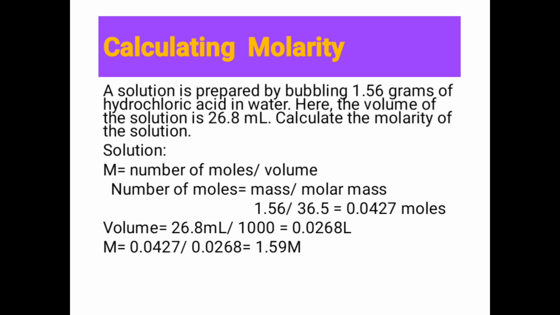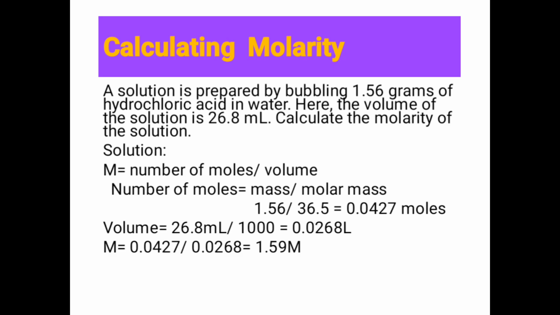Now let's focus first on how to calculate molarity. Please note, before we go into an example, we can have mass concentration in terms of gram per dm³, and molarity in terms of mole per dm³.